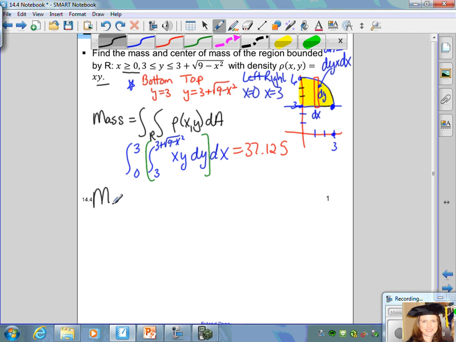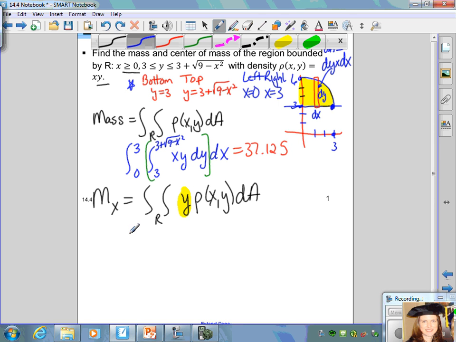The moment with respect to the x-axis is a double integral over the region R of the distance from the x-axis, which is y, times the density rho of xy times the differential area. Now when we set up this integral, our bounds are going to be the same, the density is the same, and the order of the differentials is going to be the same. The only difference is that we're going to have this y included, so that's going to change the value of our integral.